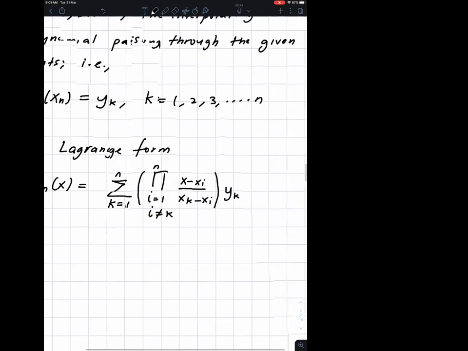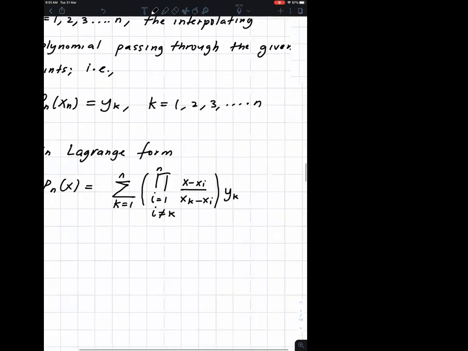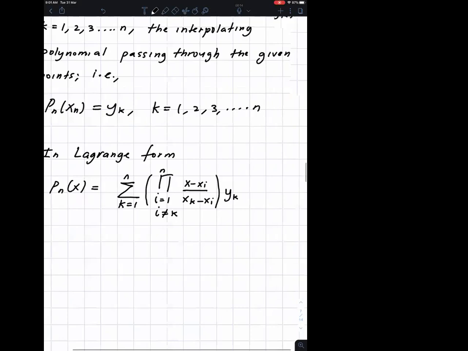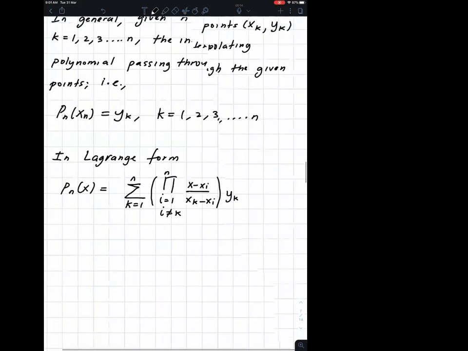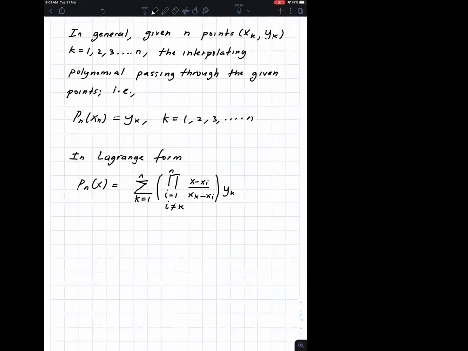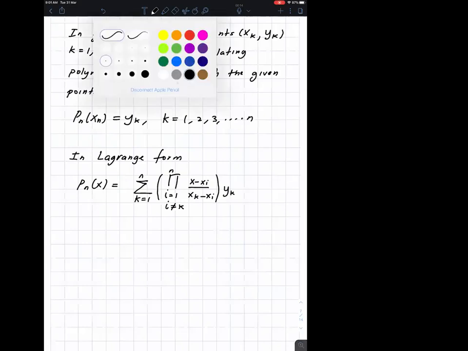Okay guys, this is the formula for you, if you are given a set of points, that you need to find the polynomial, the Lagrange polynomial equation. Quite a fun equation, right?